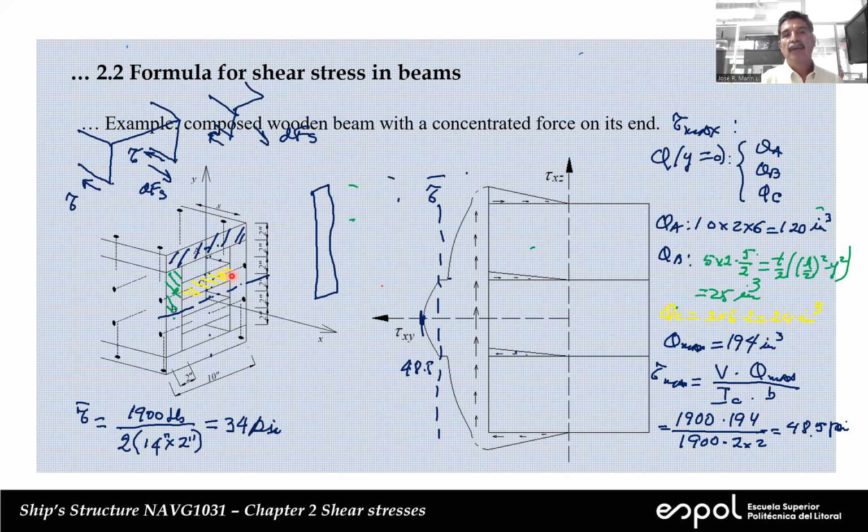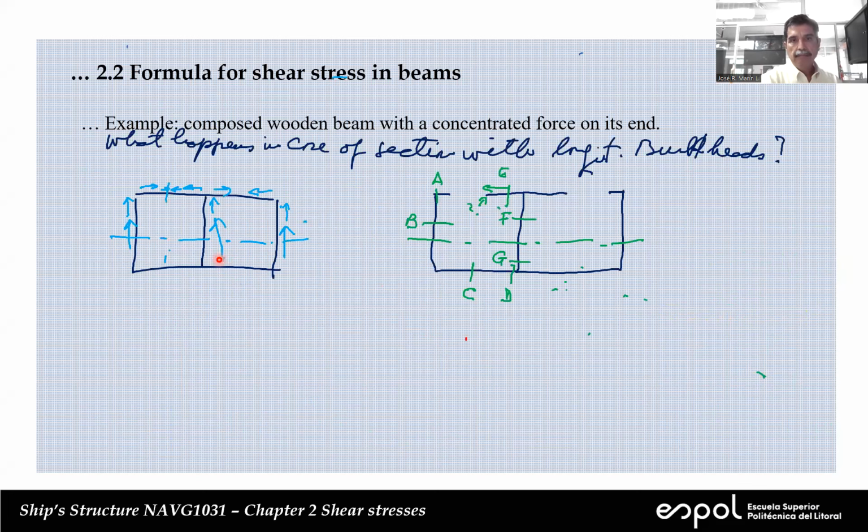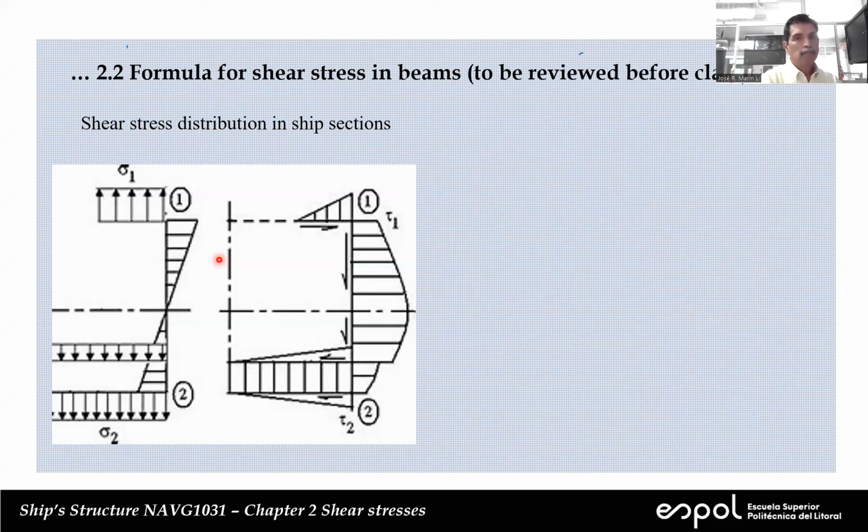And here we consider the whole width of the yellow of Q of C. So that means that we're doing a cut here and also a cut here. And because of symmetry, we have considered that both shear stresses were the same. Okay? Any other question, people? About this?